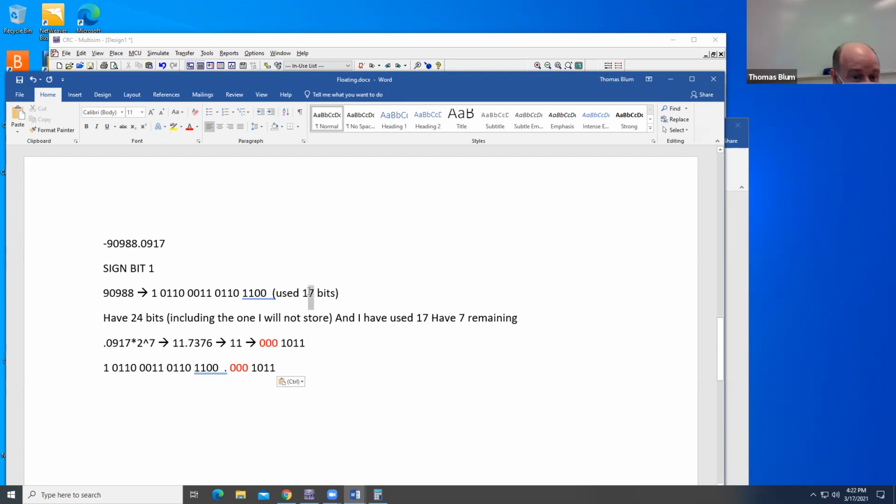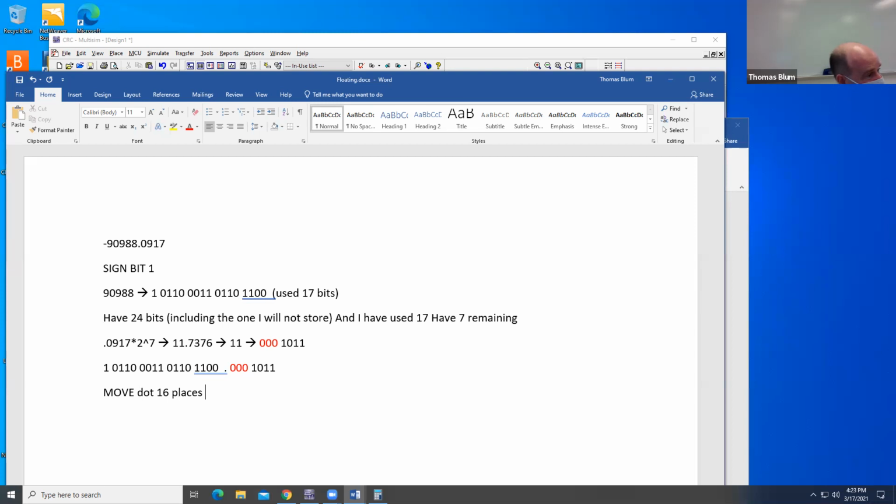One less than this. Okay, so to play my game, I need to move the dot 16 places. I am making the number in front smaller by moving the dot. So I compensate by multiplying by positive powers of 2.